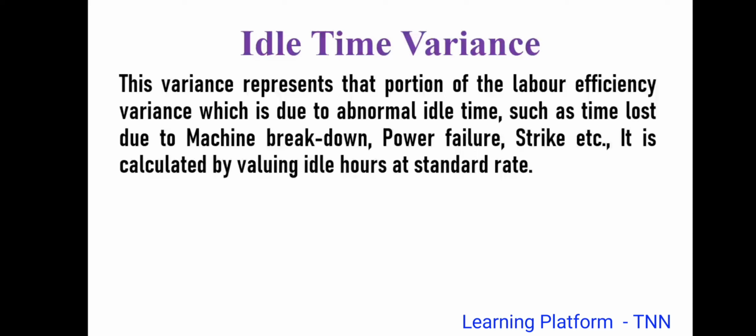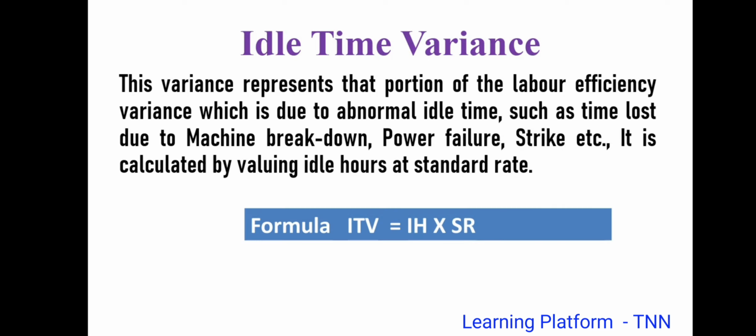So idle time variance represents the portion of labor efficiency variance which is due to abnormal idle time, such as time lost due to machine breakdown, power failure, strike, etc. It is calculated by valuing idle hours into standard rate. Very simple, idle hours into standard rate.